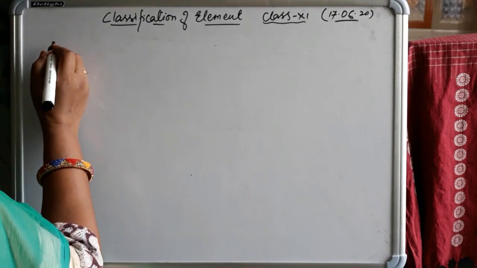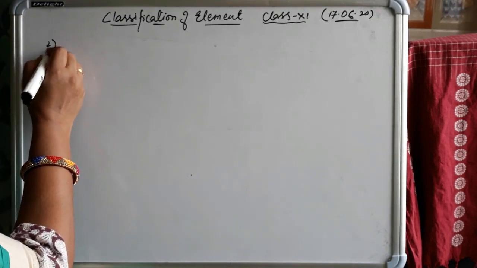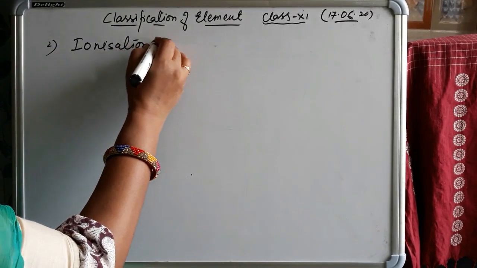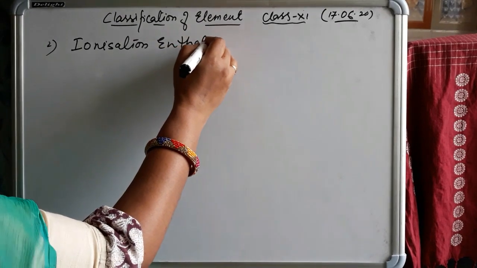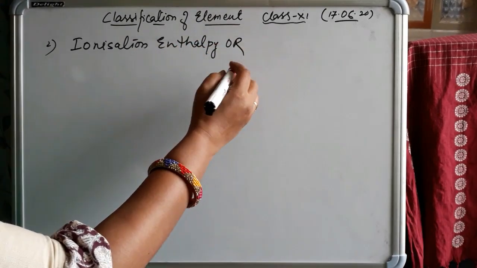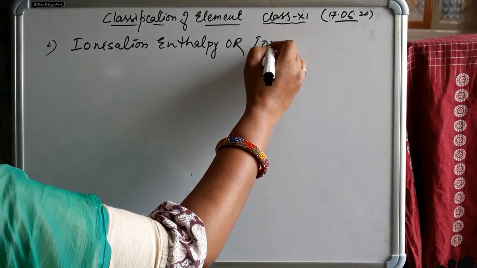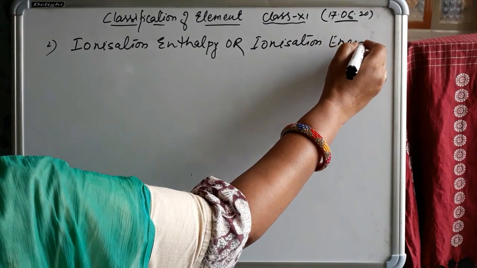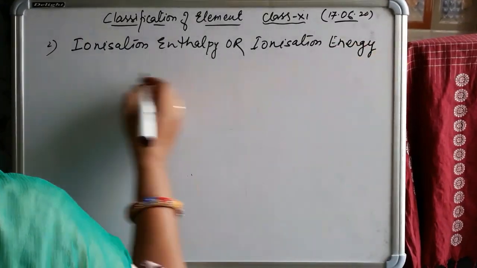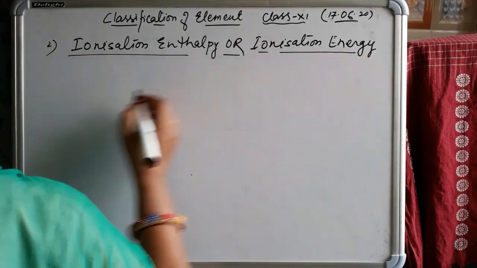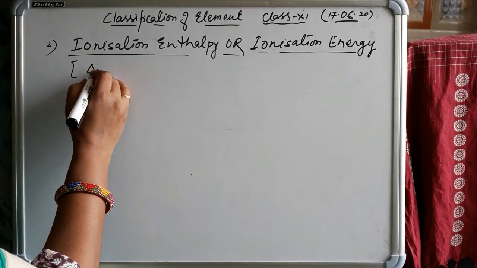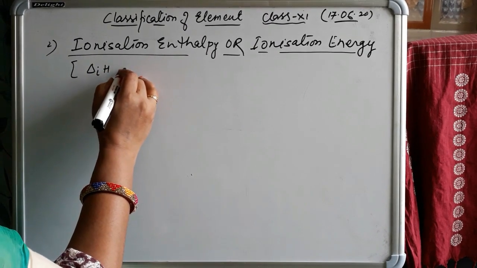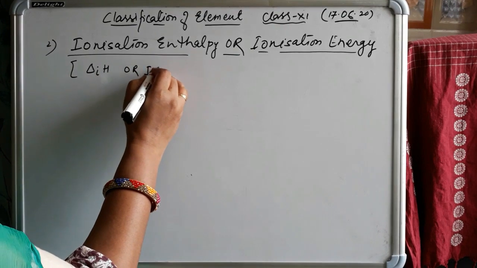Today we will discuss the ionization enthalpy, or you can call it ionization energy. We write it in this form, delta I H, or in short I E.